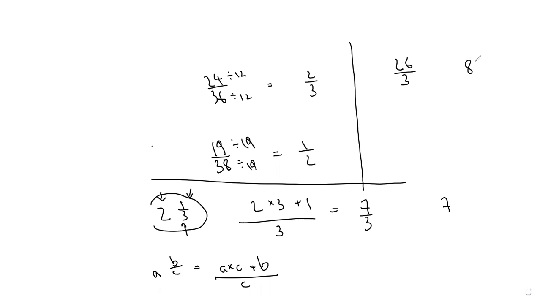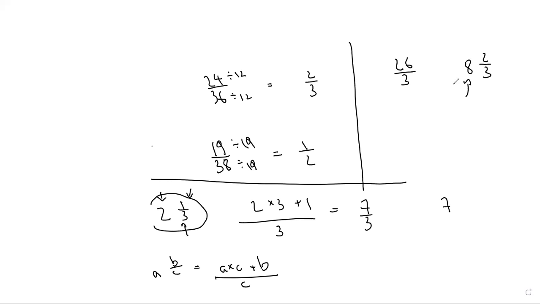And that brings you up to 24. And then you just count how many numbers are left over. So 24, 25, 26, 2 numbers are left over. So 8 and 2 over 3. So that's always what you do for those. For the whole number, it's always how many whole times it goes into the top number.